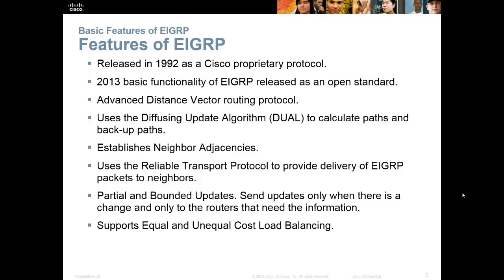Now, when they developed EIGRP, no existing protocol at the time worked for them, because sometimes they needed to send connectionless packets, and other times they needed to send connection-oriented packets. So they couldn't use TCP or UDP. They really wanted to use both. So they came up with their own protocol called Reliable Transport Protocol.